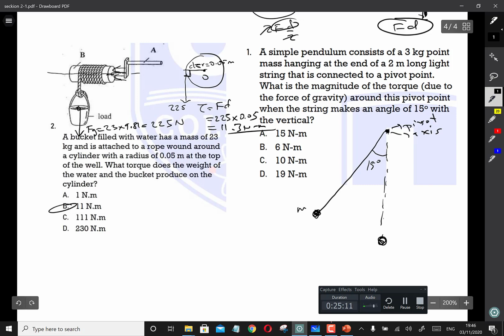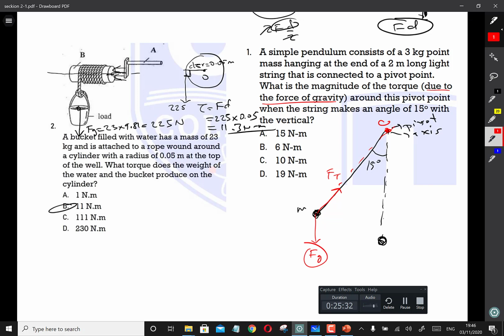Of course there are two forces acting on the pendulum's ball. One of them is Fg, the other one is Ft, and Ft cannot produce a torque about this point because its extension is passing through the axis of rotation. Only Fg can produce torque. In the question they said it is due to the force of gravity.